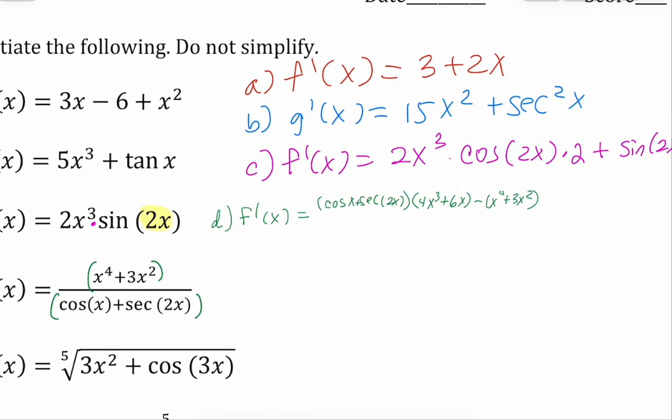Now the bottom has a chain rule in it because inside of the secant we have something. So we have to use a chain rule. So times the negative sine of x. Now the derivative of secant is secant tangent of the stuff. So you write the secant of 2x, the tangent of 2x, times the derivative of the stuff.